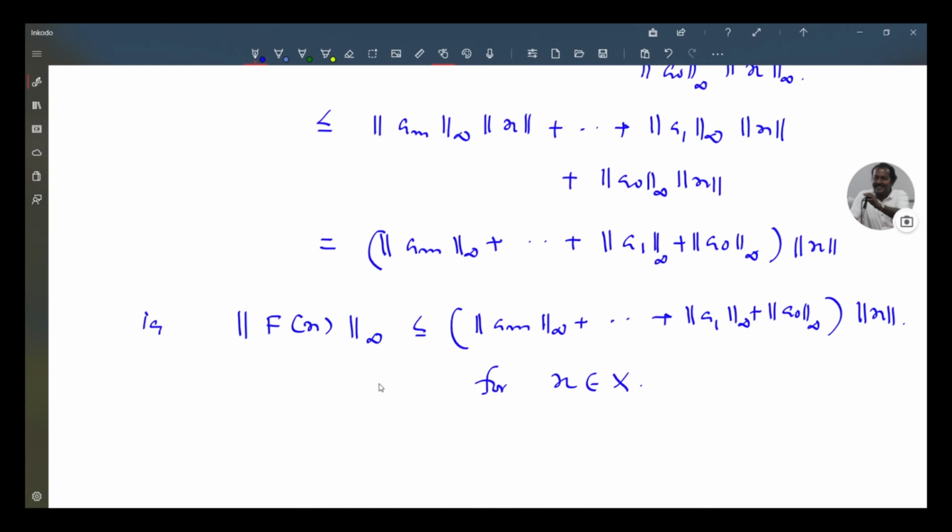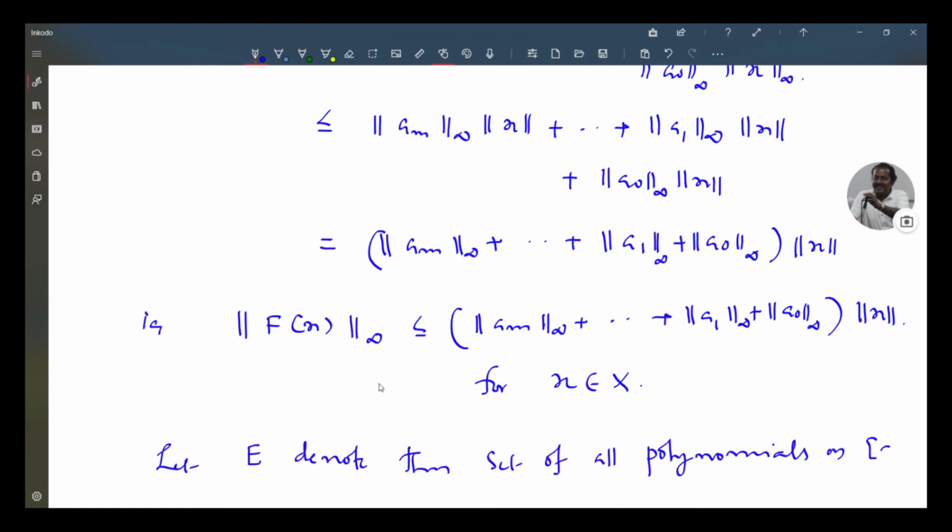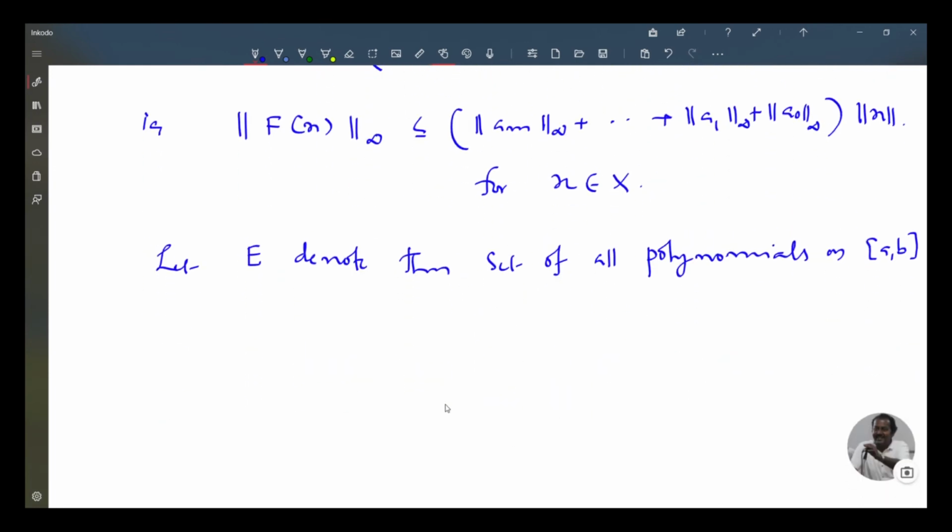Let E denote the set of all polynomials on [a, b]. Then by point 1.2, E is dense in C[a, b].